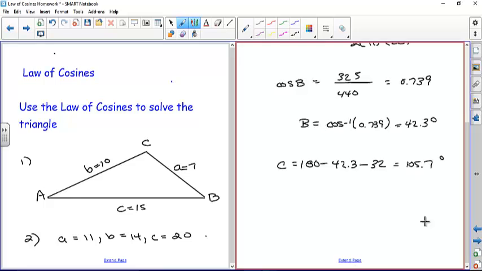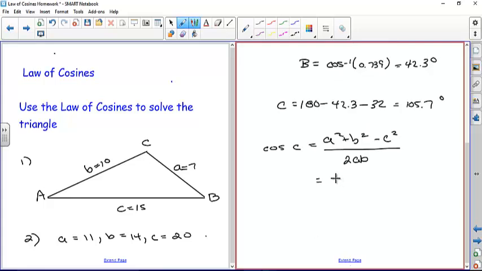Now, let's do it where the angle is 105.7 and see if it just falls out. So rather than using this equation, I could use the alternative form of the law of cosines. A is 11, B is 14, C is 20, divided by 2 times 11 times 14.